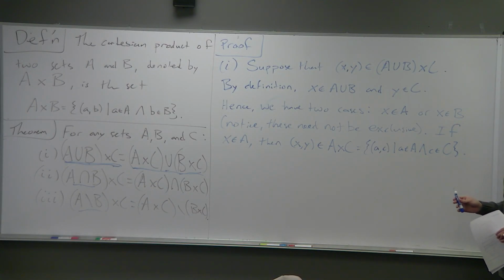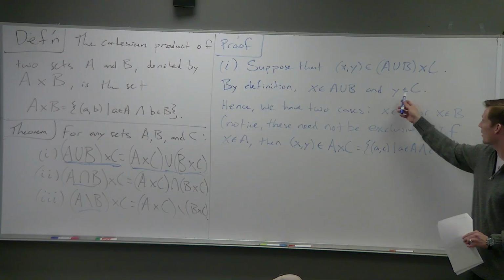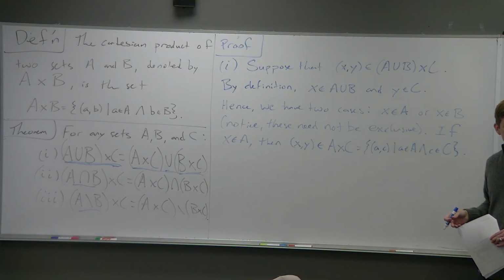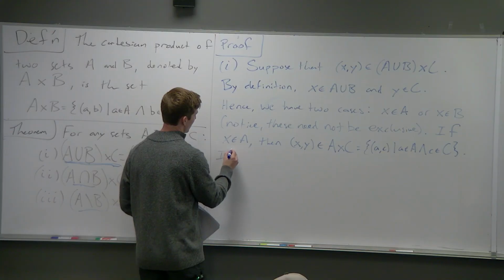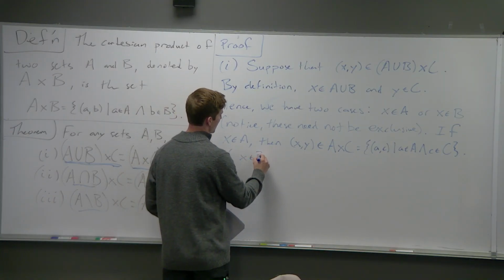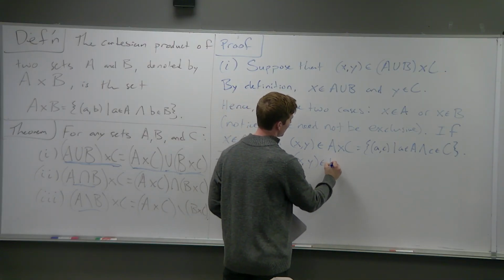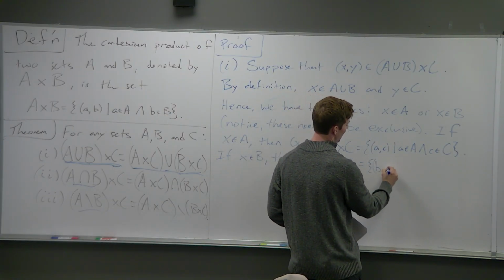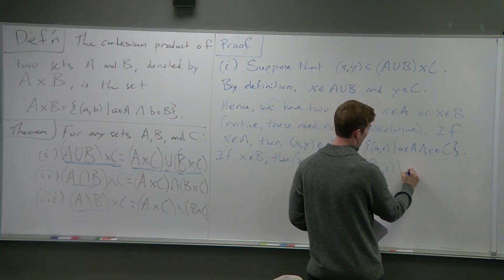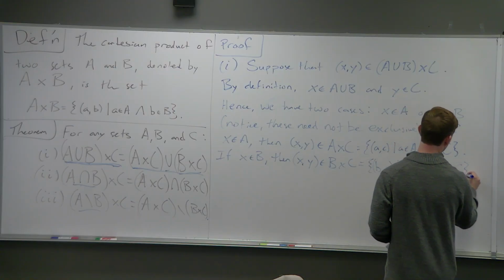If x is in A, then the first thing's in A, and the second thing we already know is in C. Okay, so it's A cross C. If x is in B, then xy is in B cross C, which again is just the set of pairs (b, c) such that b is in big B and c is in big C.